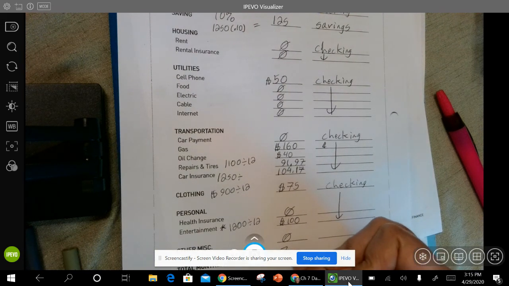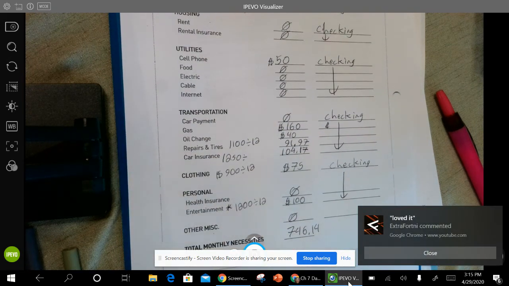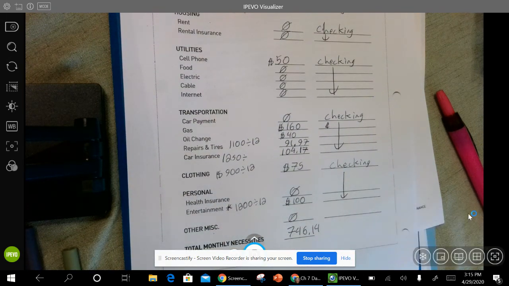Okay, so I got $746.14. Okay, so that one, everybody.